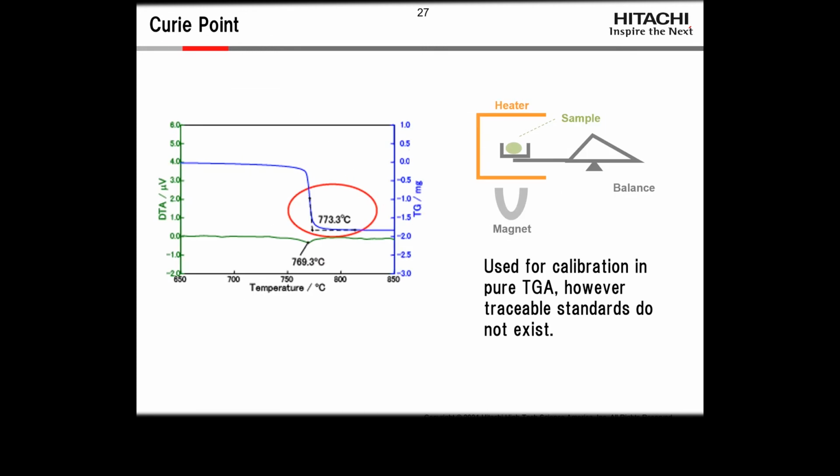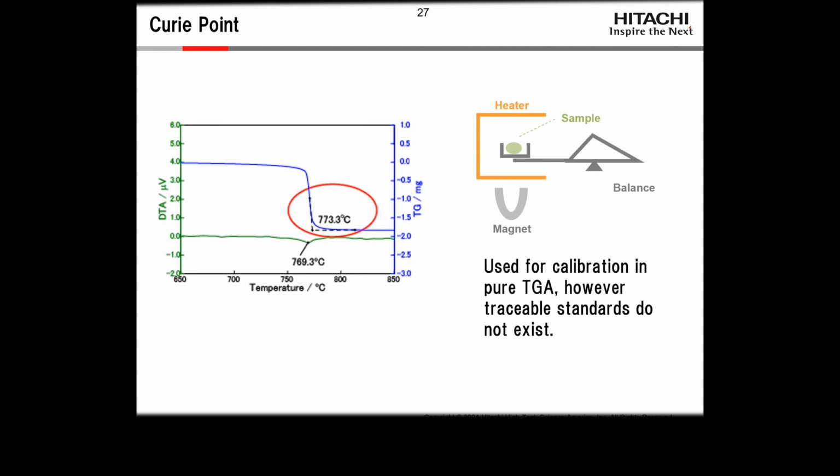Now, I mentioned that you need Curie standards to calibrate that, and that's actually a fairly important test in people working with chips and electronic heaters and Peltier devices. The Curie point is where a material loses magnetism.